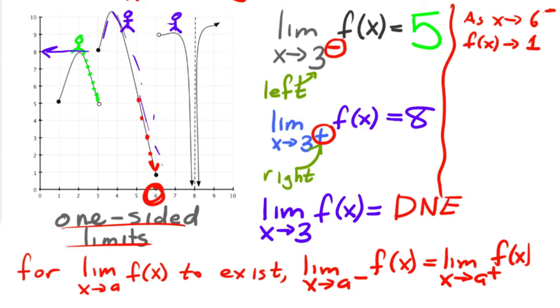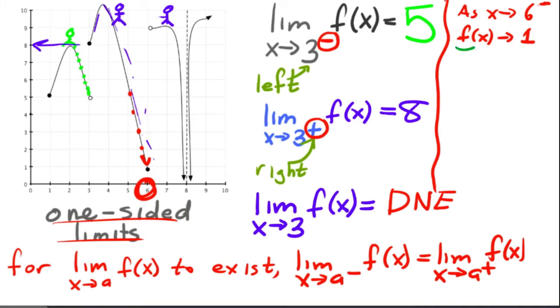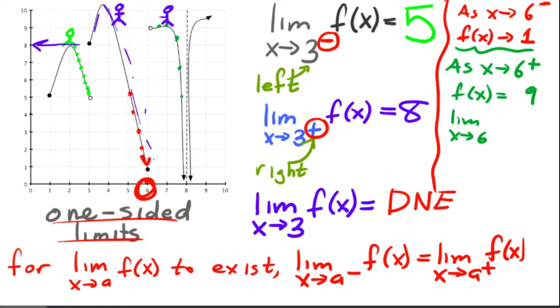But then as x approaches 6 from the right, notice that this time f of x is approaching 9. So again, the limit as x approaches 6 of your function does not exist.